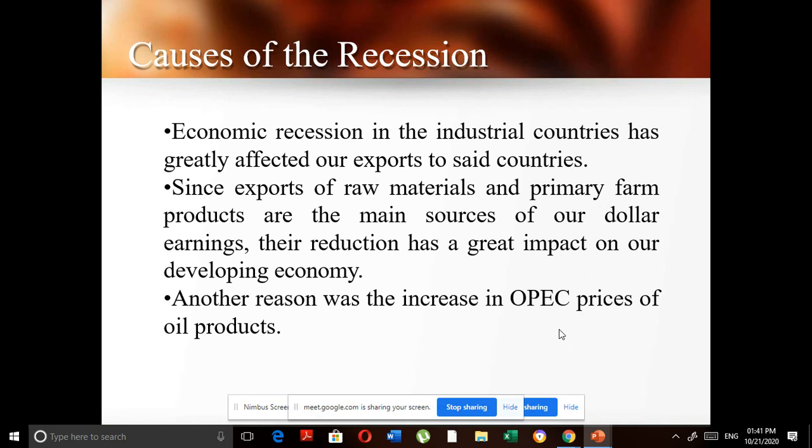Okay, so first let us see causes of the recession. Or maybe I decided to give you a project. Yes, a project: the interrelationship between inflation and unemployment. And maybe we take this relationship between unemployment and inflation in our country, Lebanon, for example.